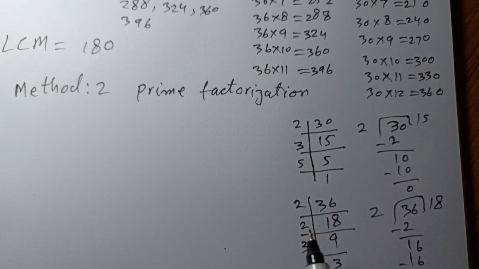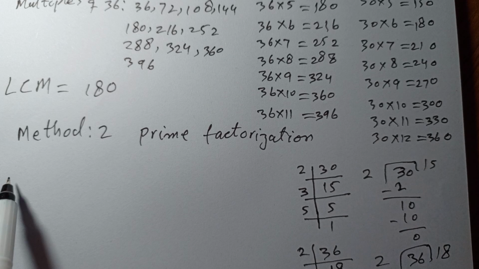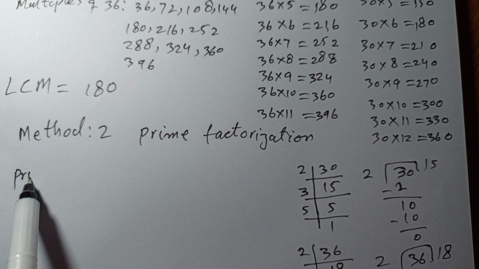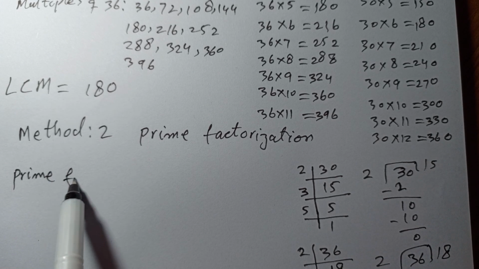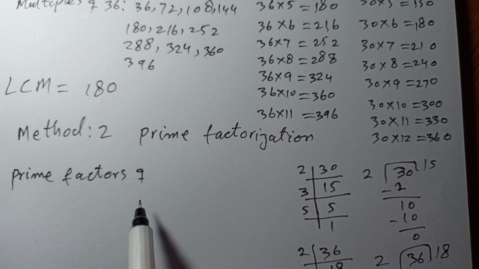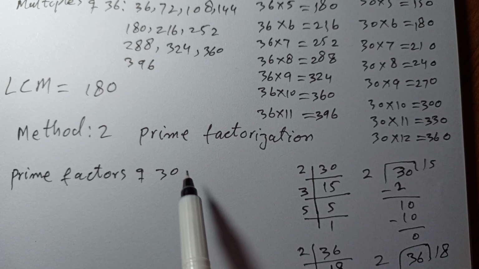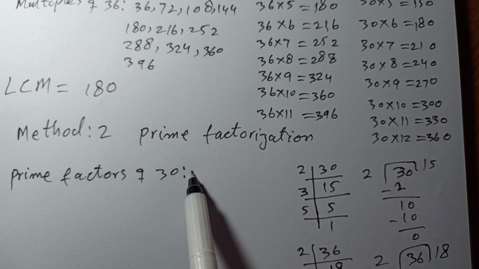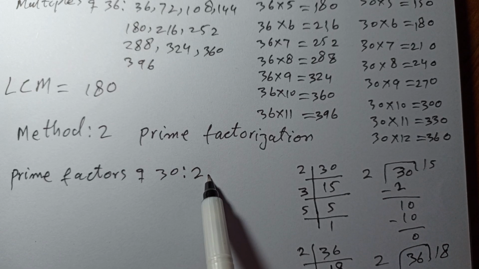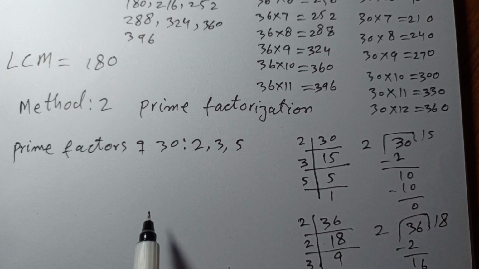Now we will write the prime factors here. What are the prime factors of 30? These are 2, 3 and 5. And what are the prime factors of 36?